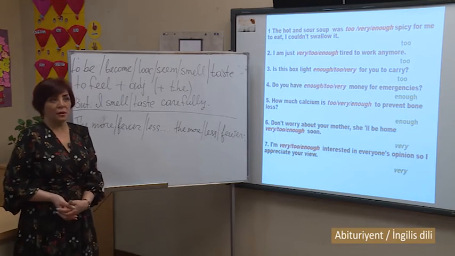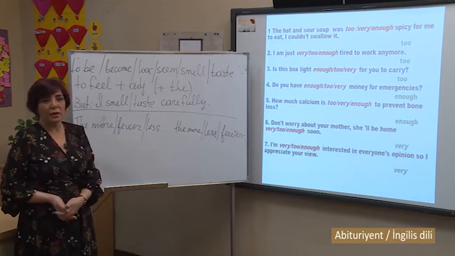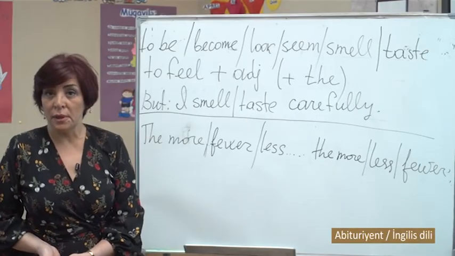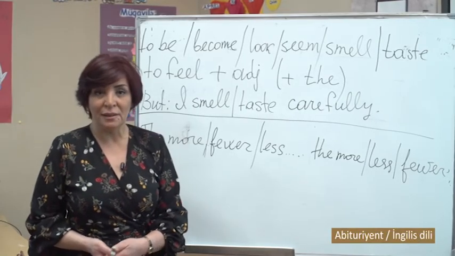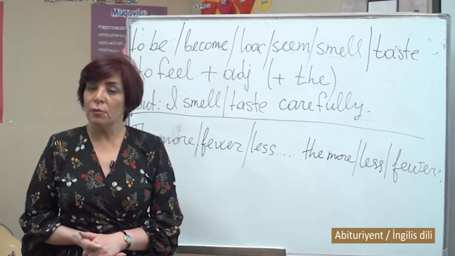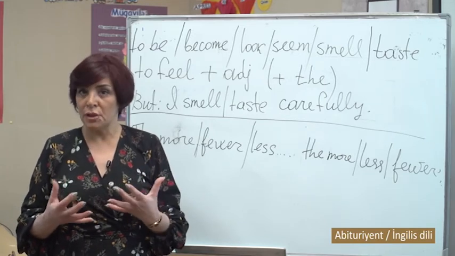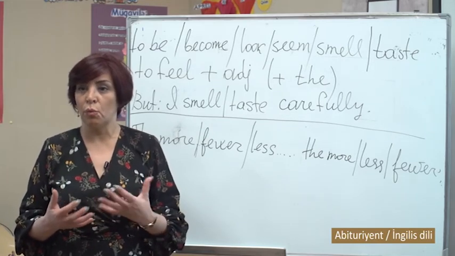At the beginning of our lesson, we mentioned that adjectives describe nouns but not verbs. But here are some verbs that require adjectives. These verbs are not action verbs and they don't answer the question what to do.